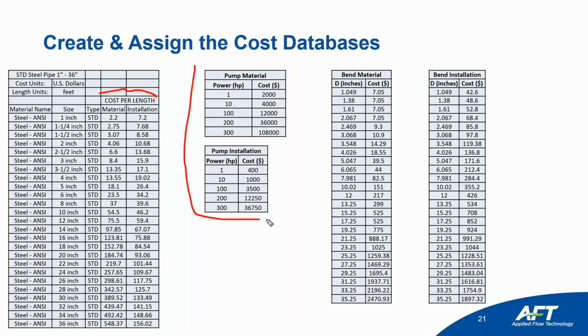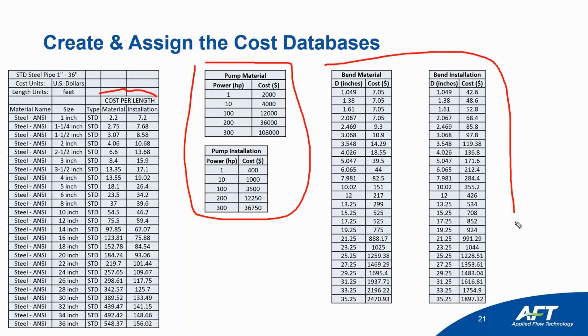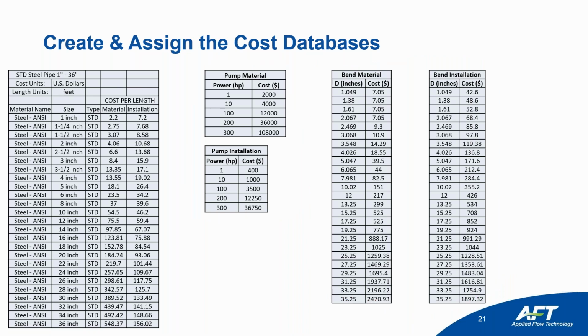I have my material and installation costs for my pumps. And then I have the material and installation cost for all of my elbows. So that's all that you need. It's pretty simple. So if you're wanting to be able to do this type of design and analysis approach, you don't have to get the most accurate pieces of information from your cost department. Just assuming a basic idea is perfectly fine.